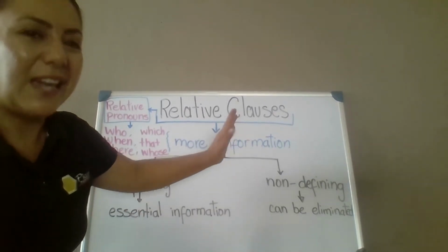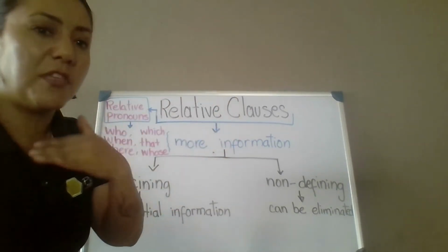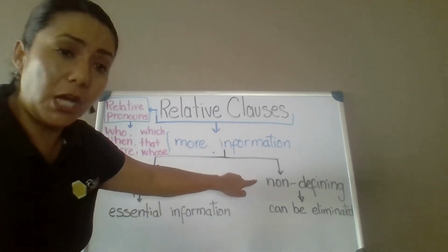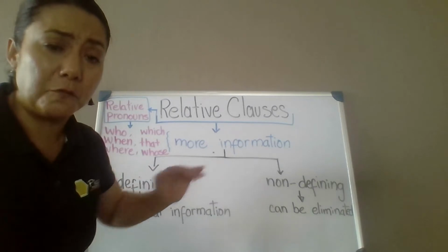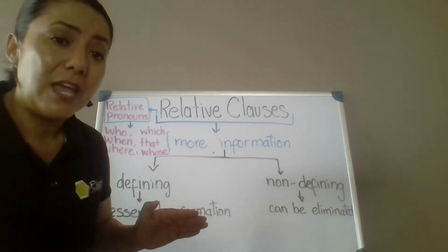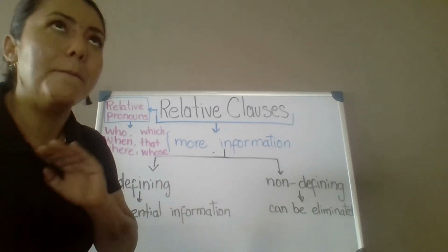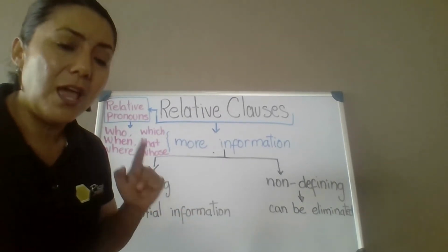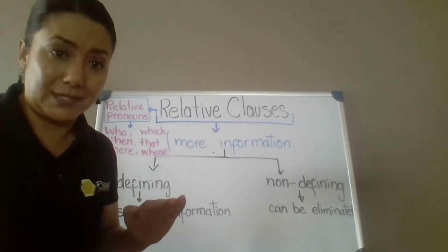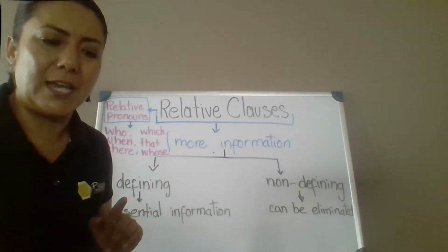This can be left out without a problem. The non-defining relative clauses can be eliminated from the original sentence, and the meaning of the sentence will not change. We will still understand the sentence. Let's look at an example.